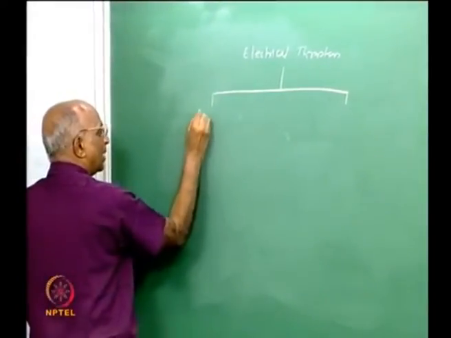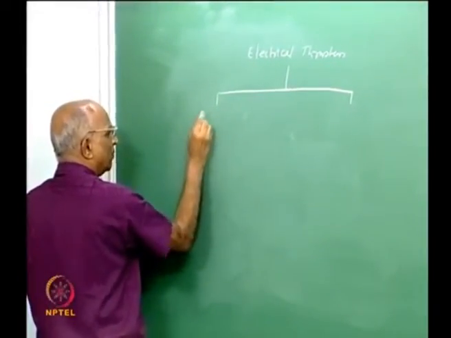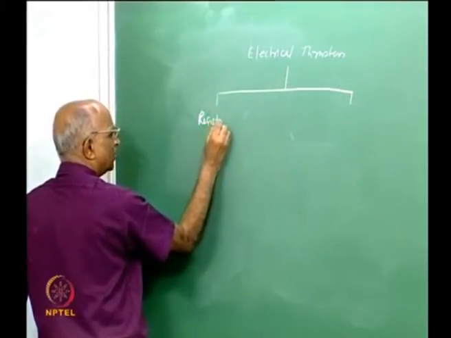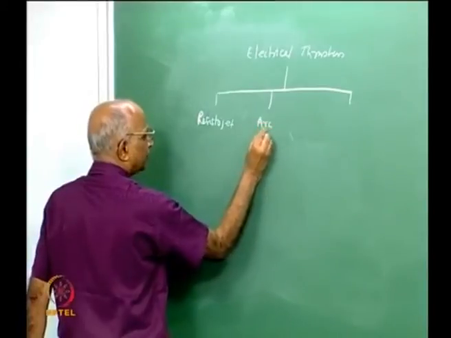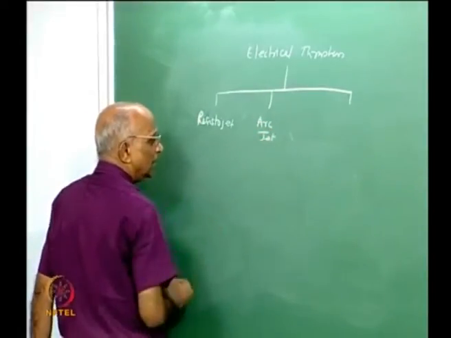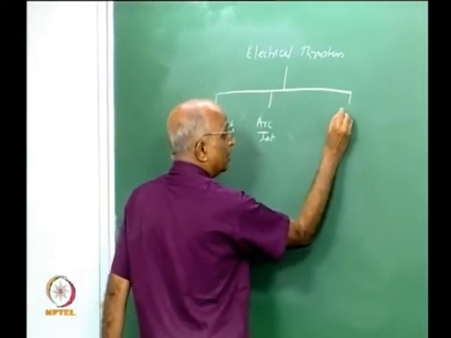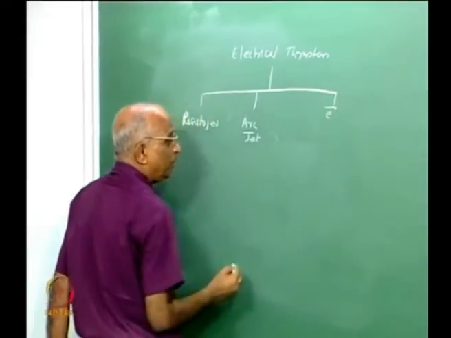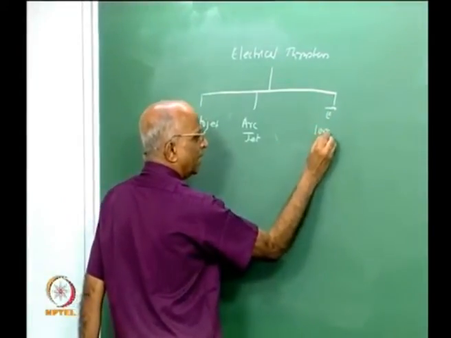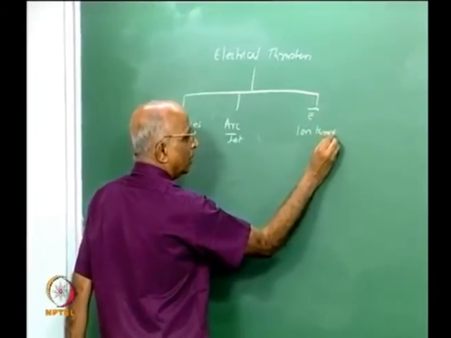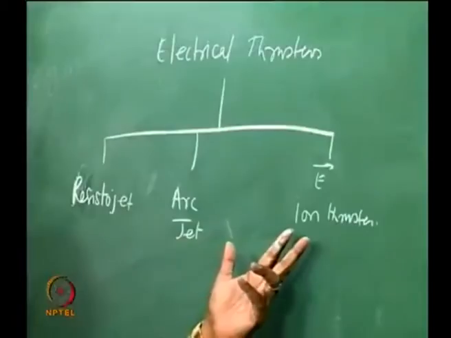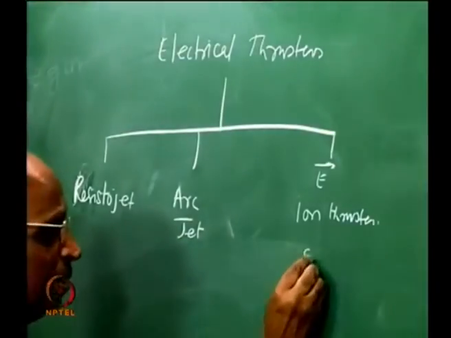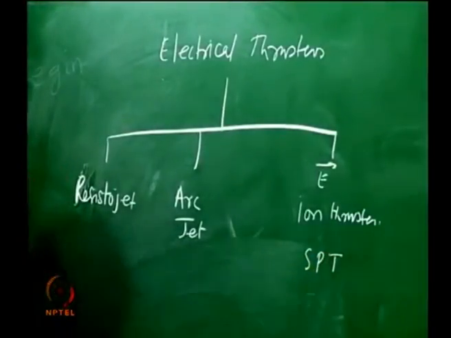It could be something like a resistojet, which uses electrical resistance. It could be an arc jet. Then it could also use the electrostatic principle, in which case it could be an ion thruster. It could also be a derivative of the ion thruster, where I get the stationary plasma thruster or Hall effect thruster.